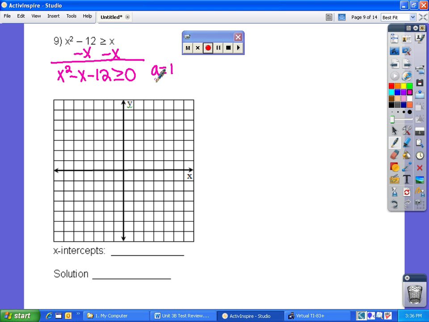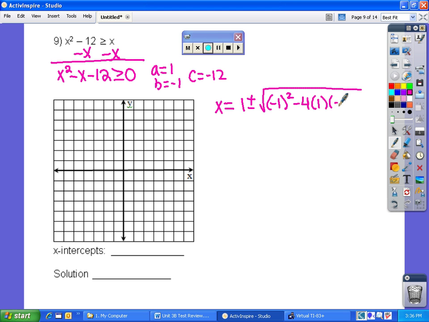A is 1, B is negative 1, C is negative 12. So x equals negative b, which is 1, plus or minus the square root of b squared minus 4ac, all over 2a.